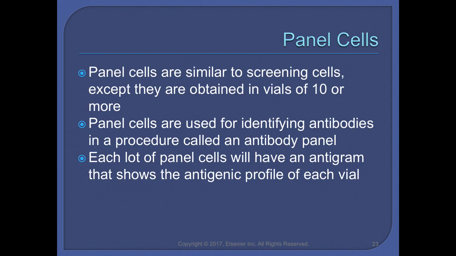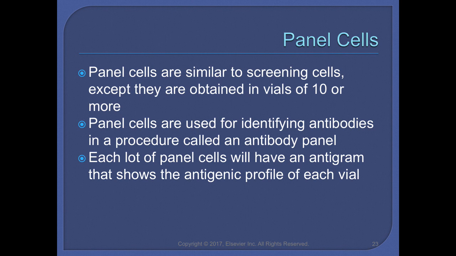Aside from screening cells, we also have panel cells. Panel cells are similar to screening cells, except they are obtained in vials of 10 or more. Sometimes some panels have more than 10 cells. They will be labeled 1 through 10 or 1 through 11. They are used for identifying antibodies in a procedure called antibody panels.